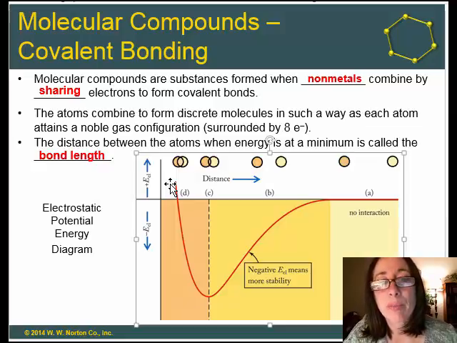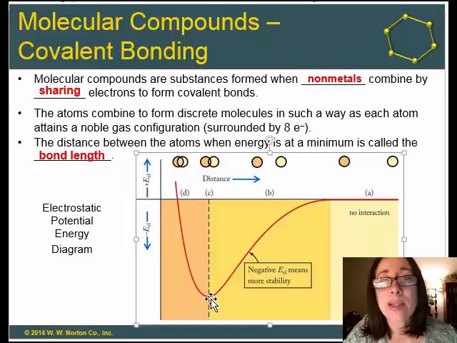So we see here, if those two circles are really close to one another, then it's high energy because the nuclei are repelling one another. Remember that like charges repel. As these two atoms get further and further apart, they become more energetically stable.